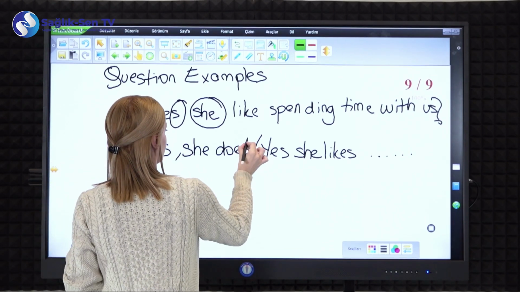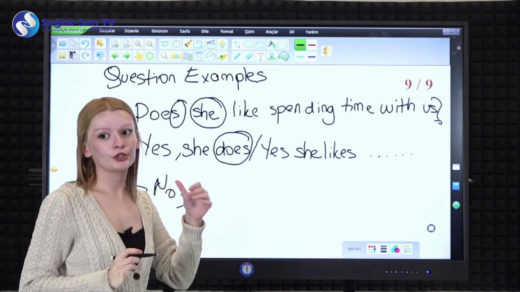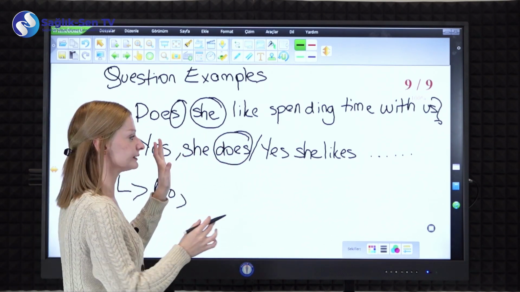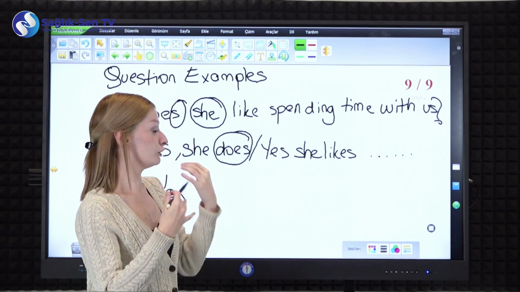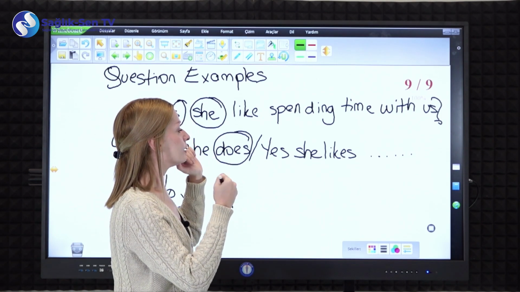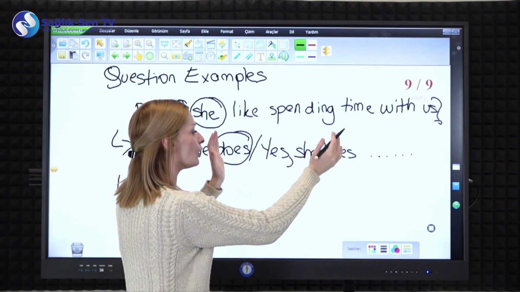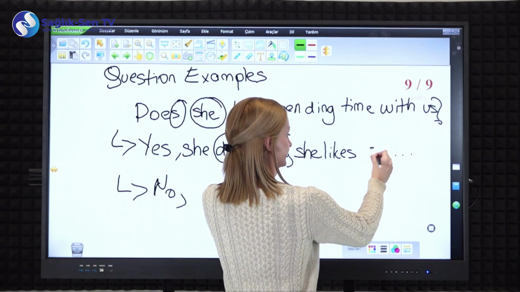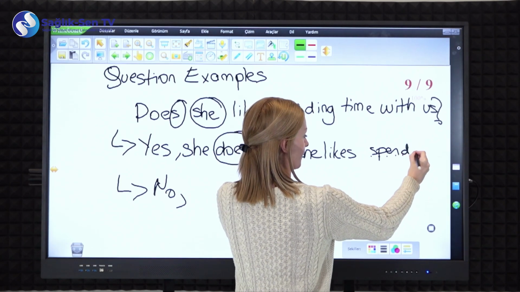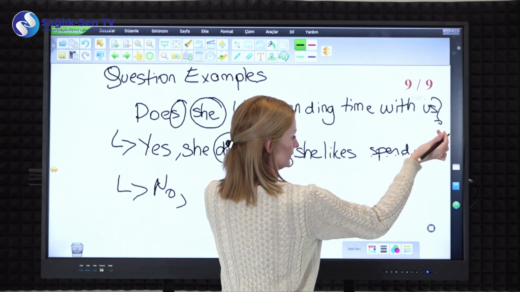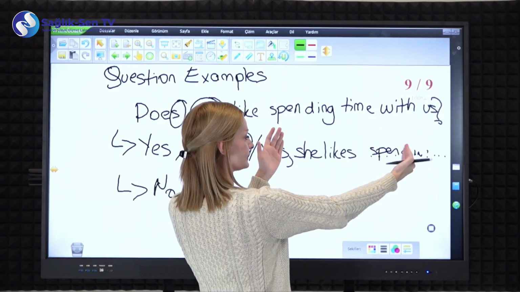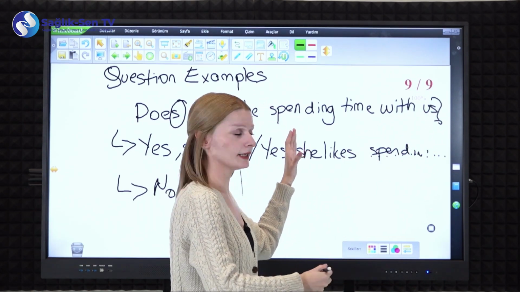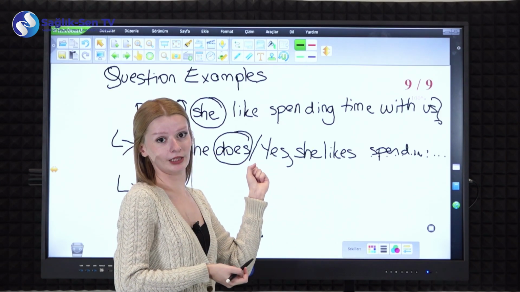Burada yine şuraya dikkat etmenizi istiyorum. In our short answer, we use does. But when we give long answer, since this is already a sentence on its own, she likes spending time with us, and the rest of it. Buraya baktığımızda zaten kendi başına bir cümle olduğu için burası, tekrar buraya does getirmeme gerek yok.